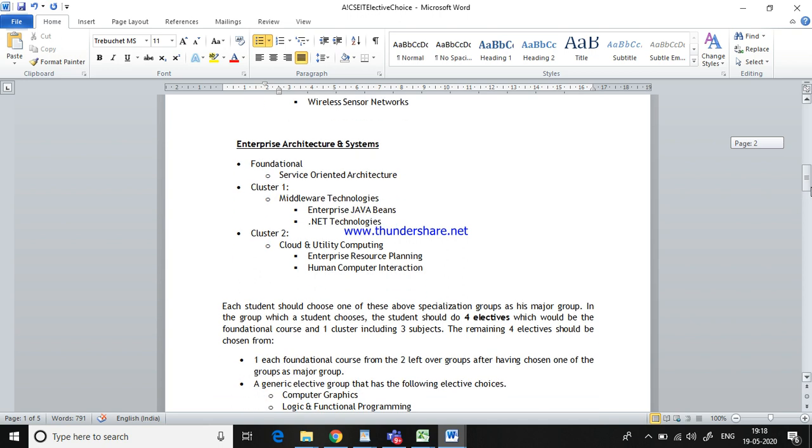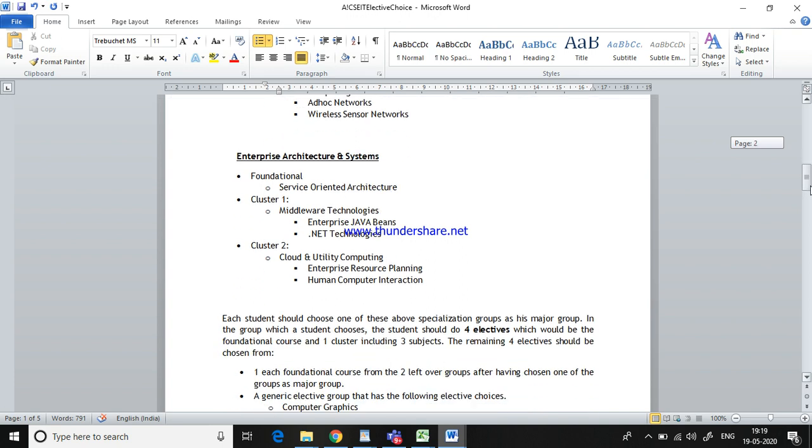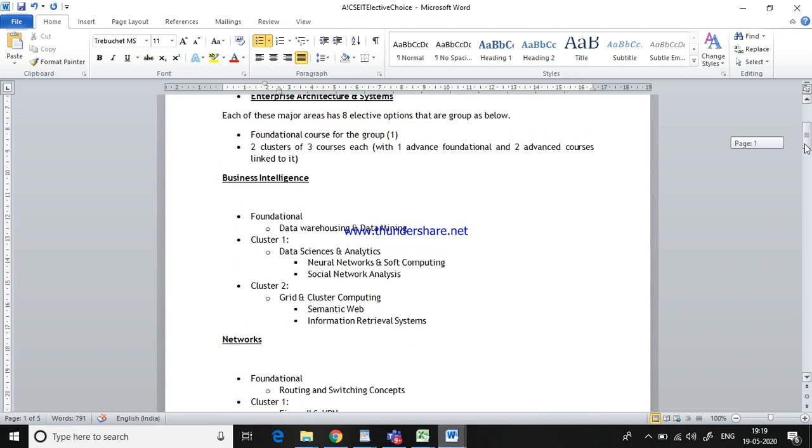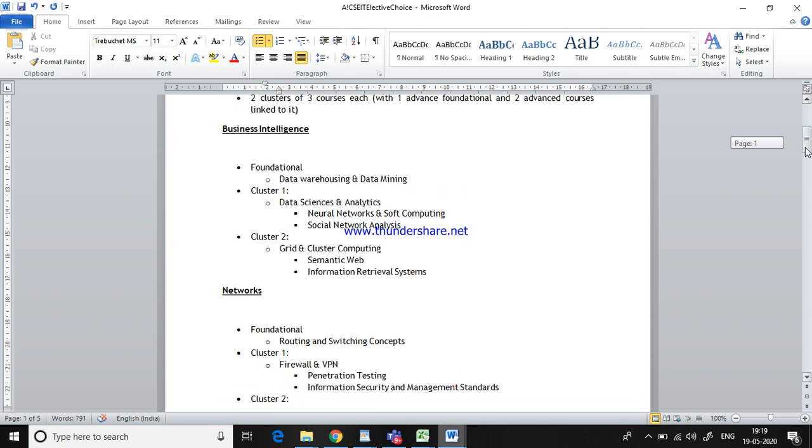So now each student should choose one of these groups as his major group. For example, if a student chooses a business intelligence group, then he should choose the foundation course, and in addition he has to choose one of these 2 clusters.